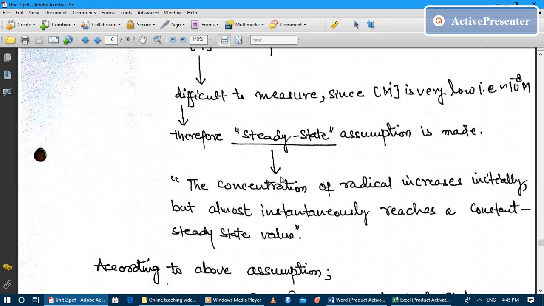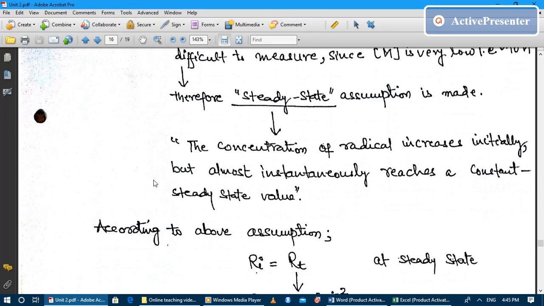Therefore, a steady state assumption has been made, and according to this assumption, the concentration of radicals increases initially. Why? Because the initiator will decompose, so the concentration of free radicals will increase initially during the polymerization, but almost instantaneously reaches a constant steady state value.